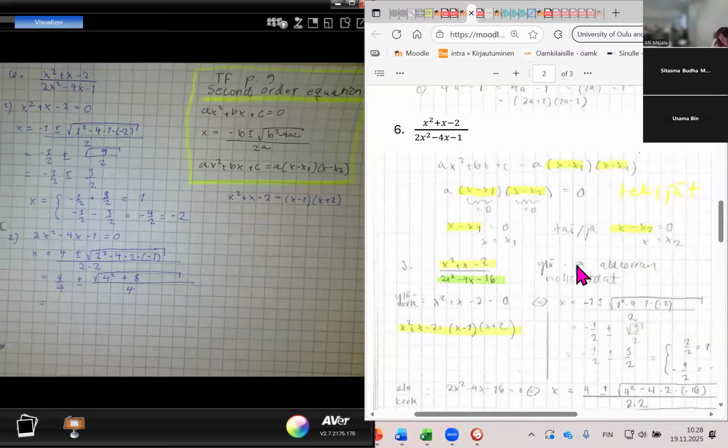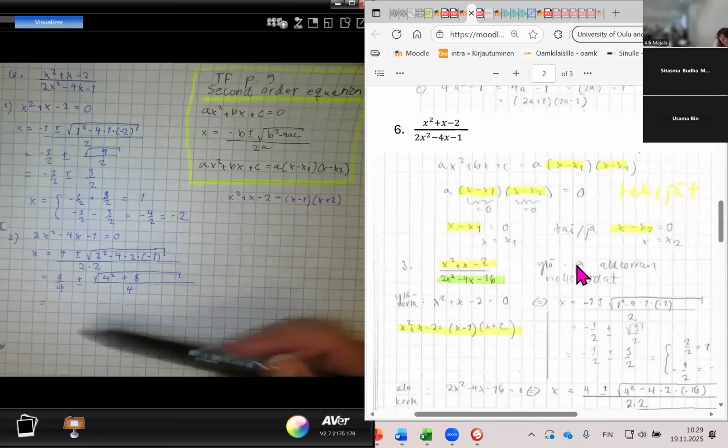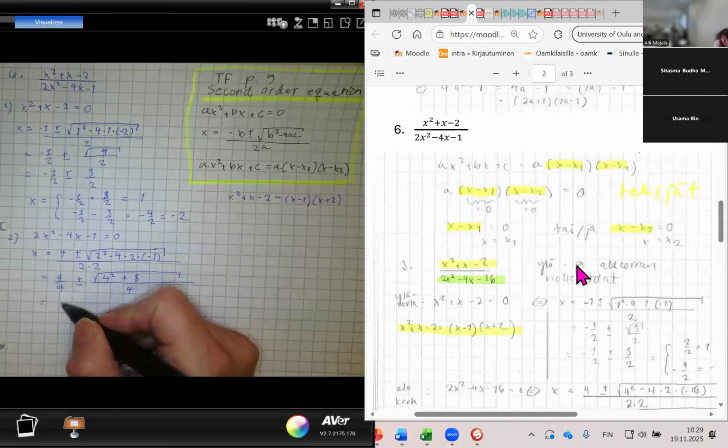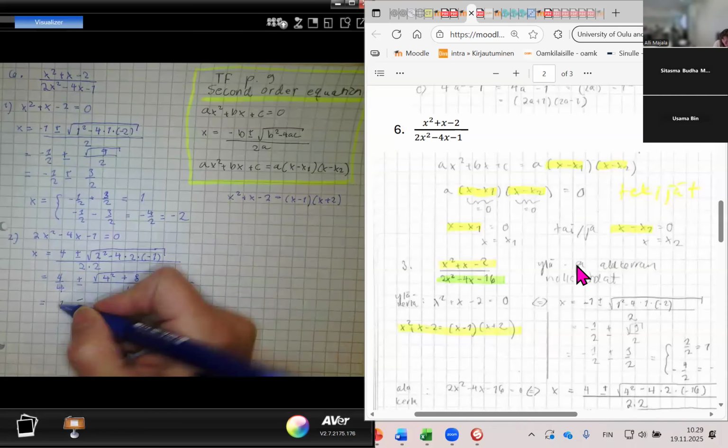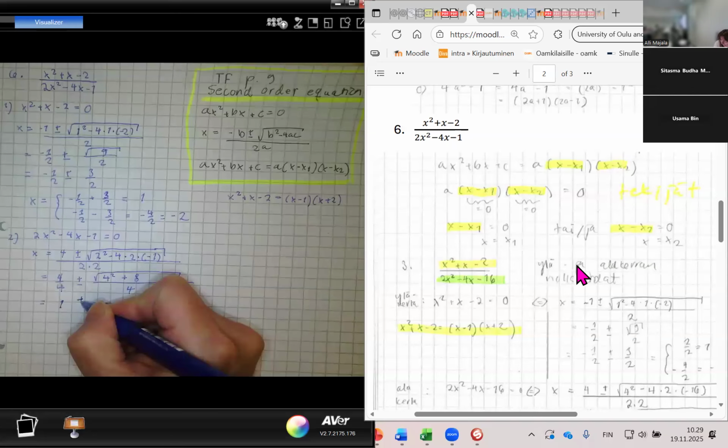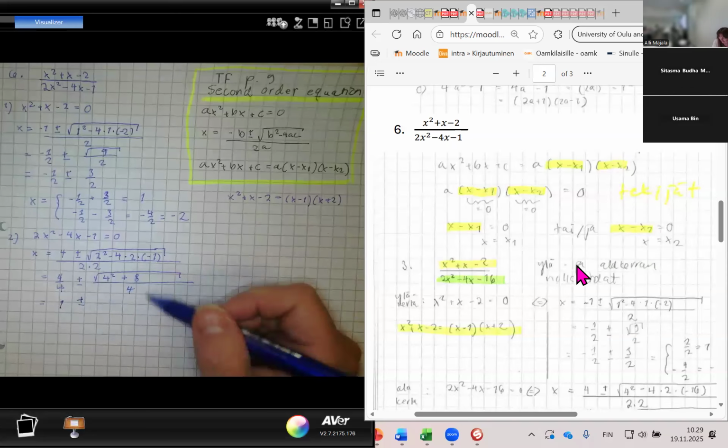I'll get something different. I wonder if this is supposed to be 16, because now I'm supposed to get some kind of even roots. Well, it doesn't look like that's going to happen here. Then I'll just take another number so I get some even roots.